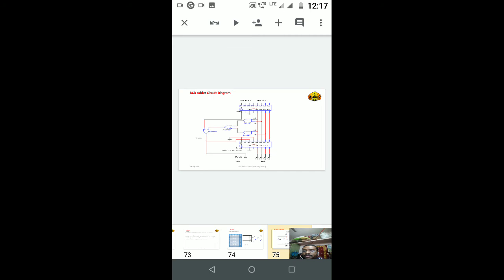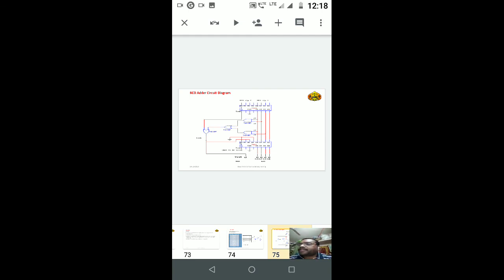In this BCD adder circuit, two ICs are used. What is the name of this IC? 7483. An IC is nothing but an integrated circuit, meaning one chip.